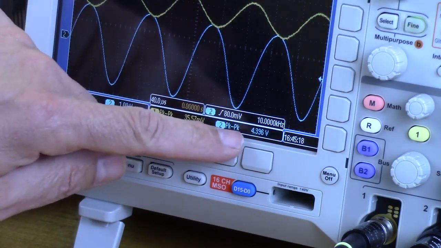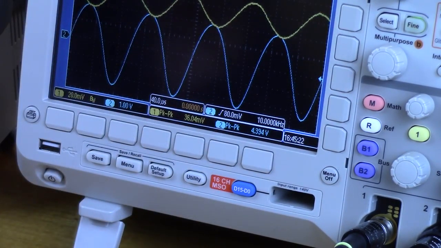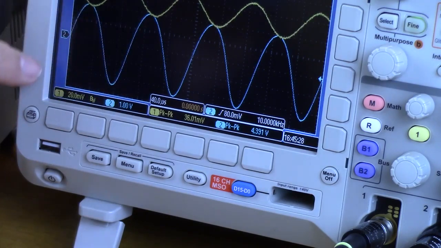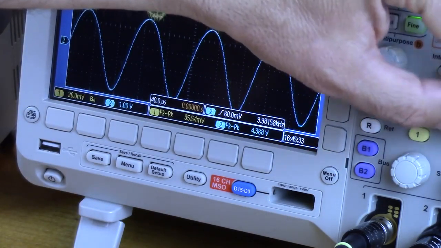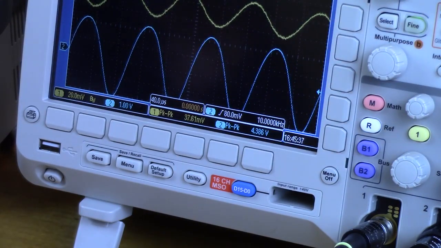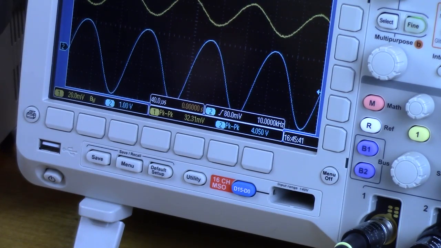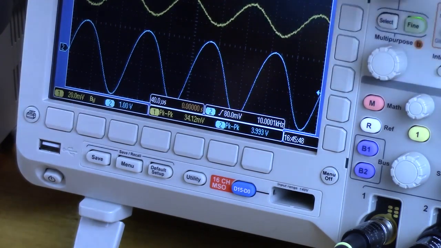So if this is 4.39, let's just round this up a little bit. Parameters, amplitude. Let's be a little bit more precise. Let's maybe bring this down to 4 divisions. So we're going to make it just a little bit smaller. Okay, so right now that waveform is 4 divisions high.